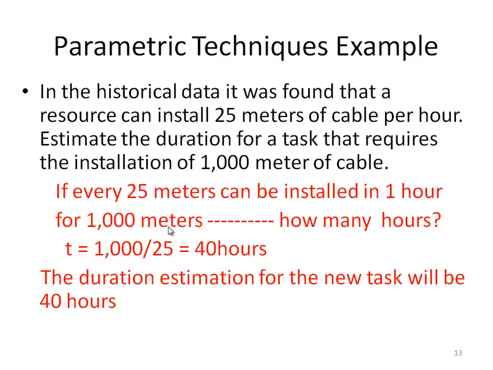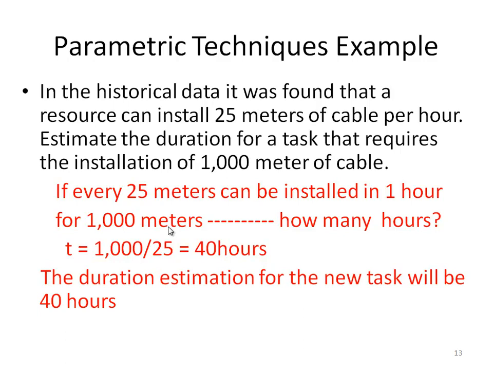For the parametric techniques, for example, in the historical data, it was found that a resource can install 25 meters of cable per hour. So the question is, estimate the duration for a task that requires the installation of 1,000 meters of cable.